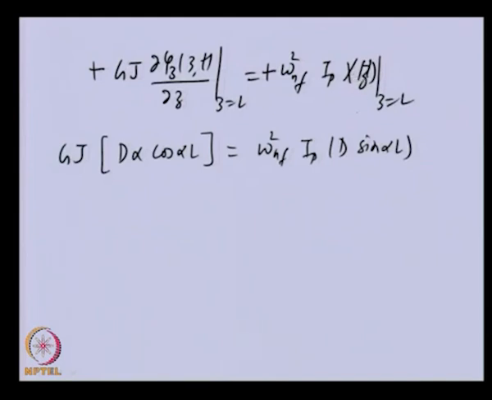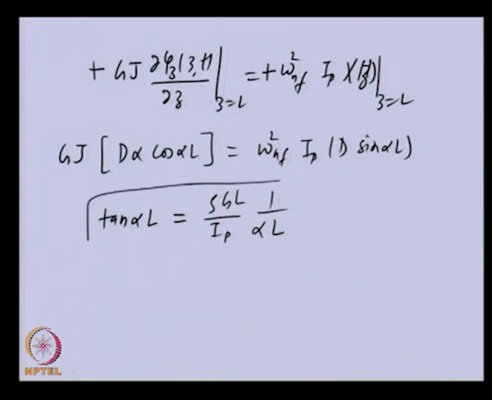So, we are able to see that this equation can be simplified as tan alpha L is equal to rho g L by I p times 1 by alpha L. So, with some rearrangement we can write this equation like this.